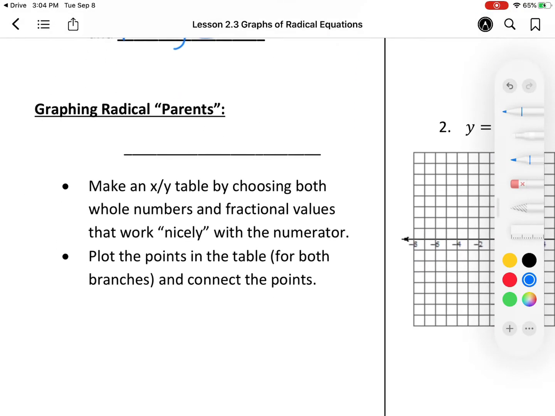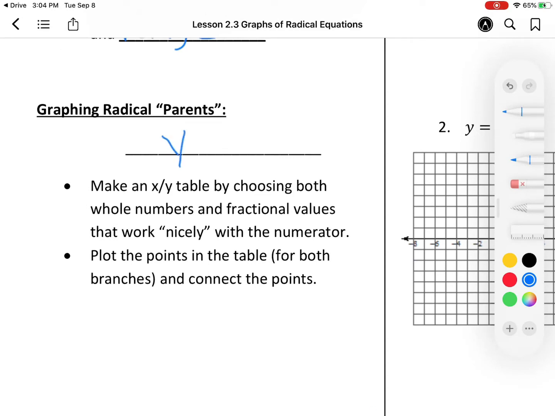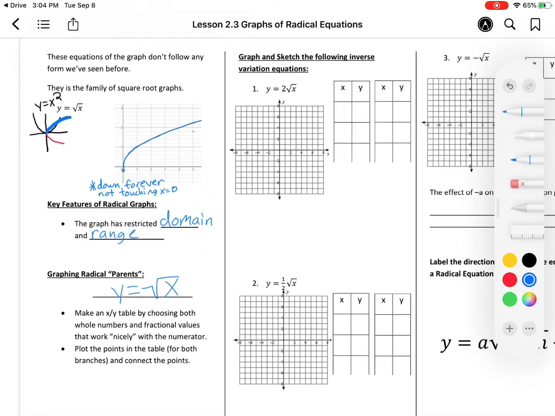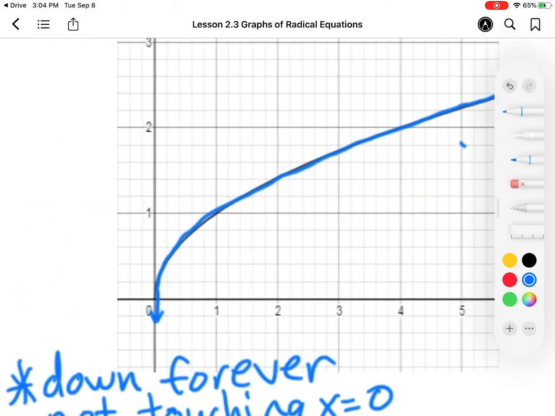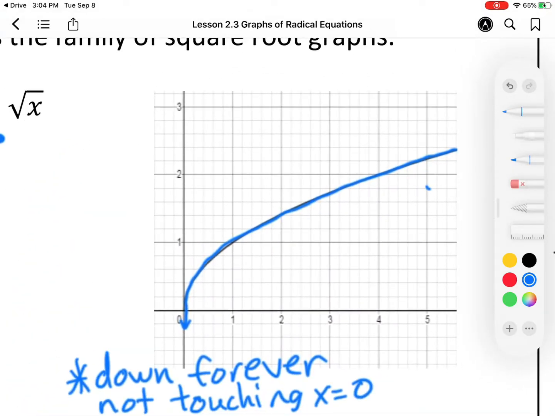So graphing radical parents, the radical parent function is y equals the square root of x. So that parent function, actually it's already drawn for us, but we are going to make a table with our x and y values.